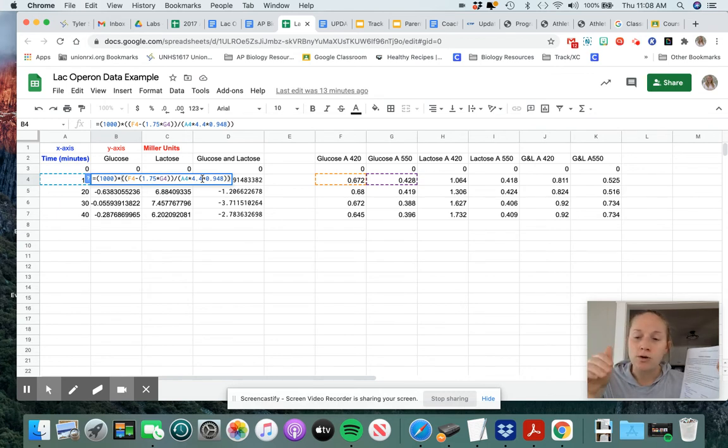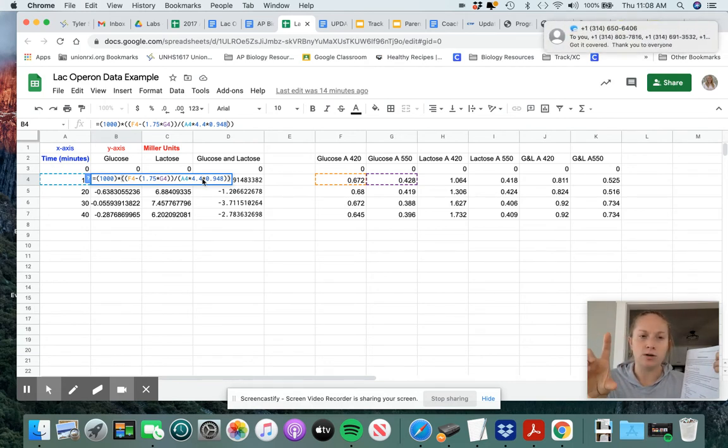You added 2 milliliters of your E. coli to each of those tubes, those ONPG tubes that we measured, and then you took 2.4 milliliters of the ONPG. So you add 2 to 2.4, and that's how you get the 4.4 total volume in that cuvette that you were measuring for each of your ONPG tubes.